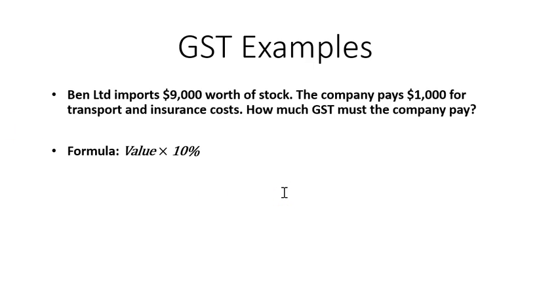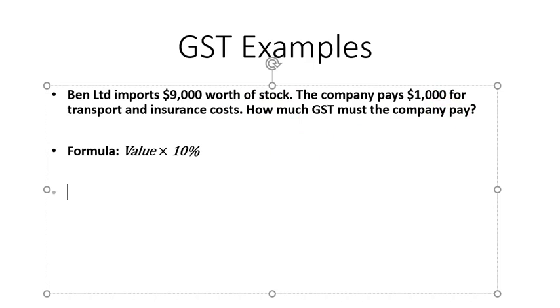Another quick example here to do with imports. So let's say Ben Limited imports $9,000 worth of stock. The company pays $1,000 for transport and insurance costs. How much GST must the company pay? So again, the value of this import is the $9,000 of the cost plus the $1,000 for transport and insurance.